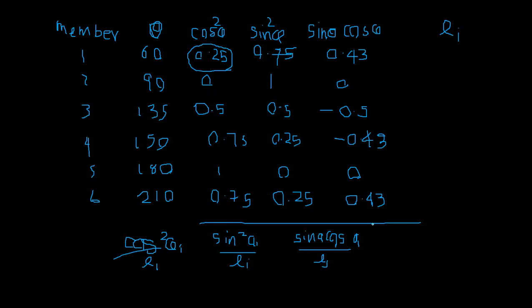Right? And take the summation, because S11 is when you take EA out, it brings you cos squared theta i over Li.